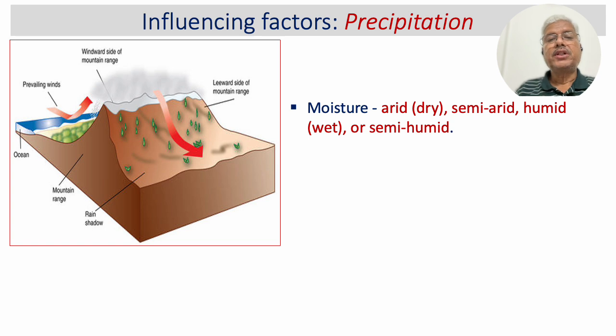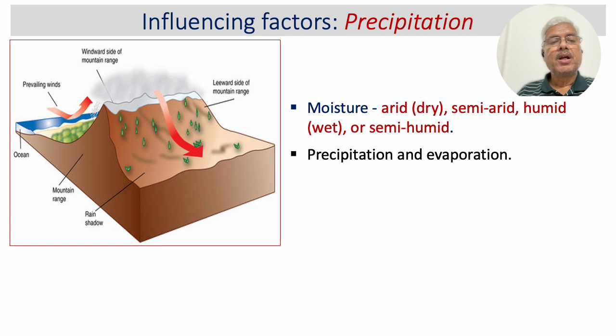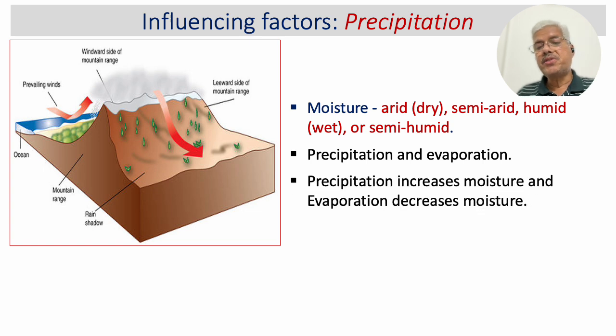Another influencing factor is the precipitation. In terms of moisture, the climates can be classified as arid, semi-arid, and humid or semi-humid regions. The amount of moisture depends on both precipitation and evaporation. Precipitation increases the moisture, whereas evaporation decreases the moisture. The precipitation is also influenced by the temperature. Warm air can hold more moisture than cold air.